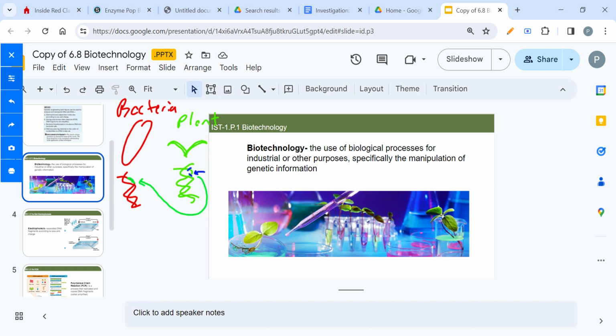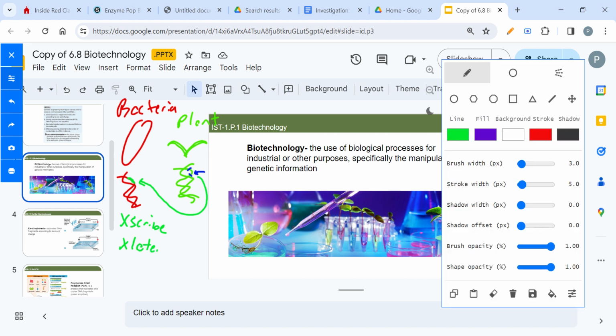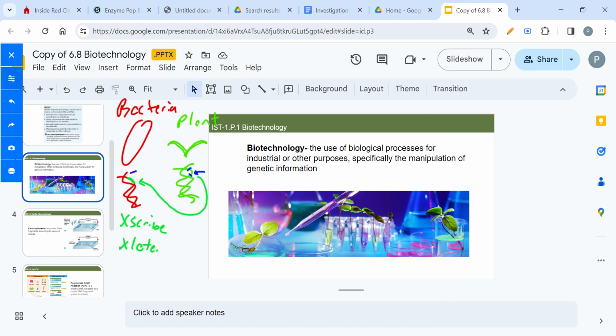And once it's in the bacteria genome, whenever this bacteria transcribes the DNA into mRNA and then translates it into a protein, it's now going to be creating this gene that it wasn't able to do before.